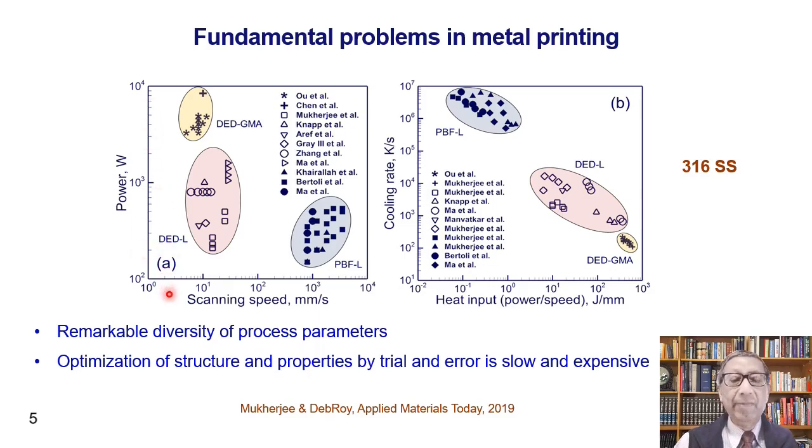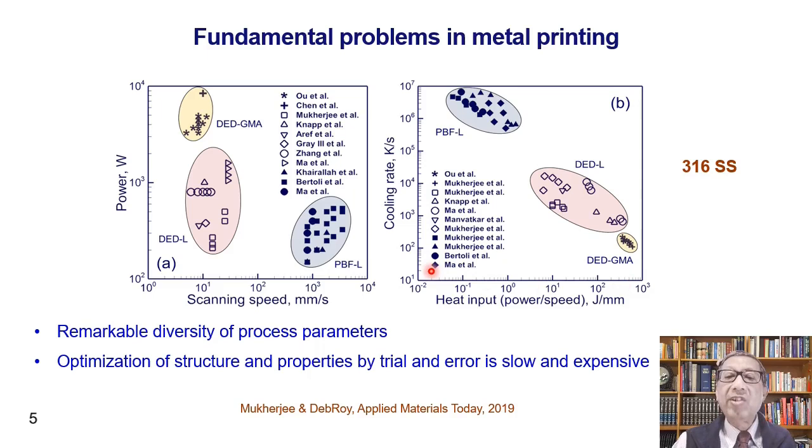And scanning speed, look at the scanning speed on the left here, from about 10 millimeters per second to close to 10,000 millimeters per second. These variations in power and speed result in a great deal of variation of heat input, from less than 1 joule per millimeter to about 1000 joules per millimeter.